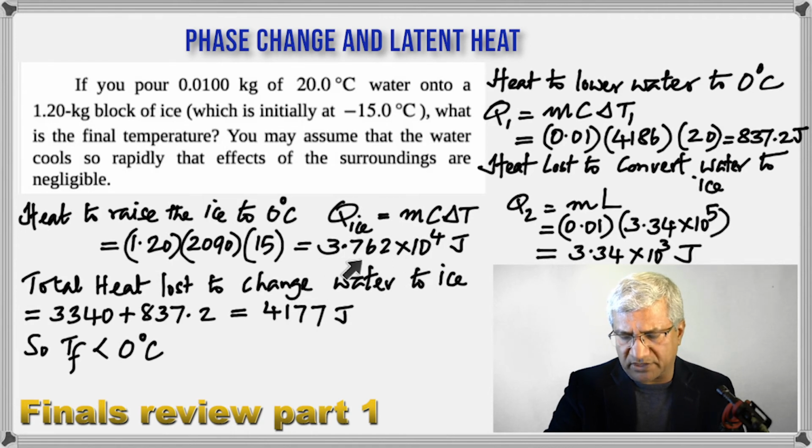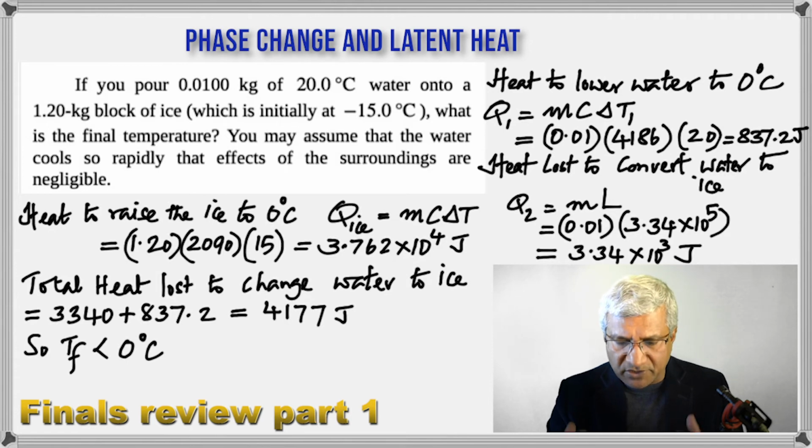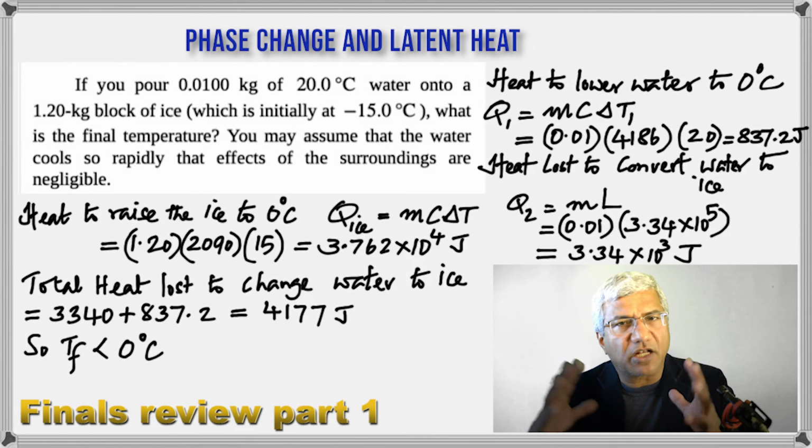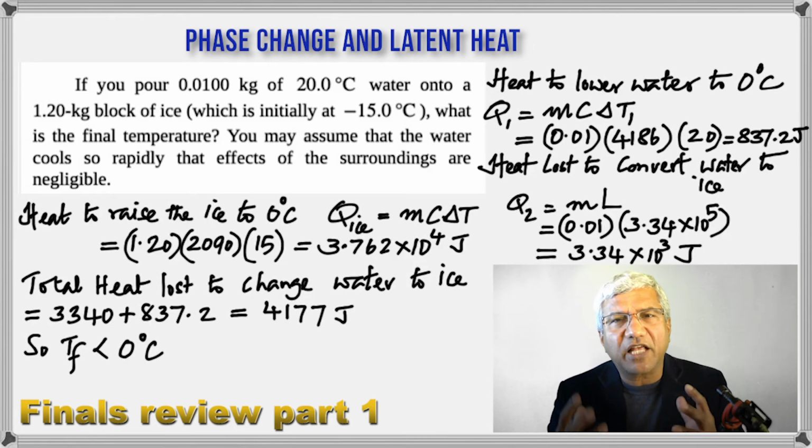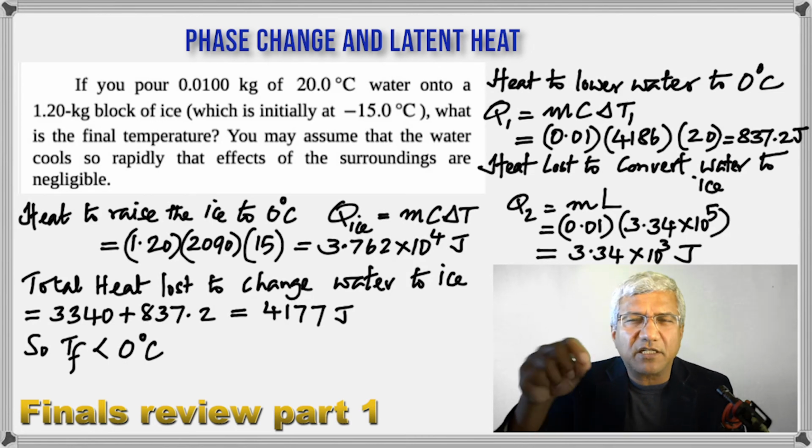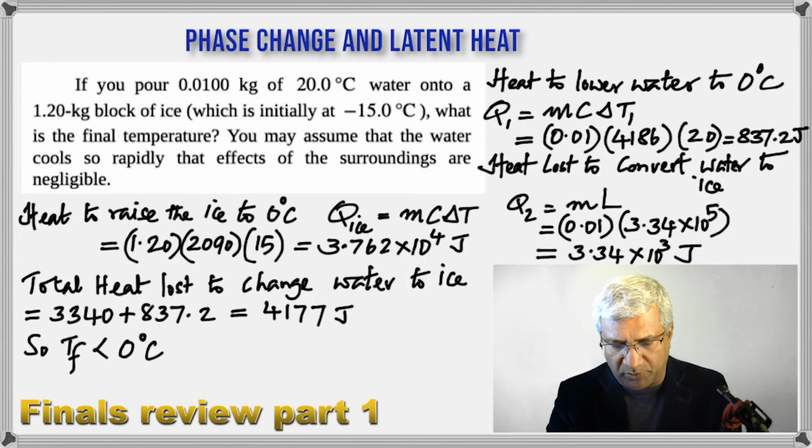Isn't this like 37,620 joules? Yeah. You need a lot more heat. So that means the temperature is not going to be more than 0 because the entire block of ice is not going to be heated up to 0. There's not that much heat available because of the little tiny amount of hot water that you poured.